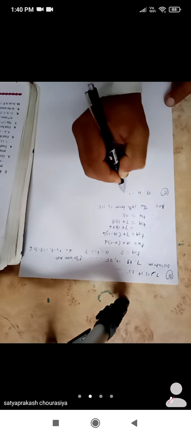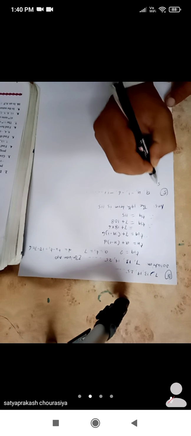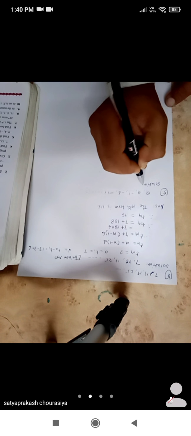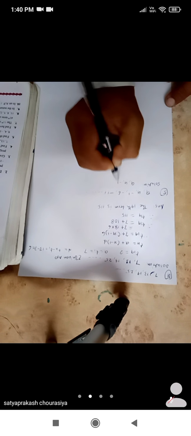Okay, fifth one. Now first 9, 4, minus 1, minus 6, minus 11, and so on. Okay, so in the solution, first write down the given AP as it is.